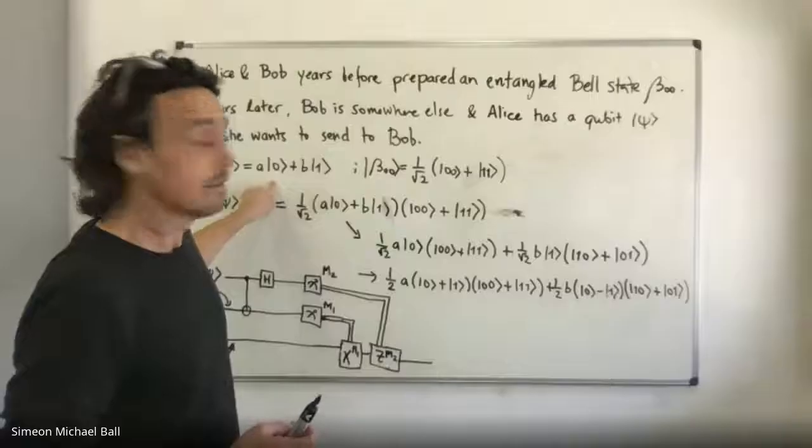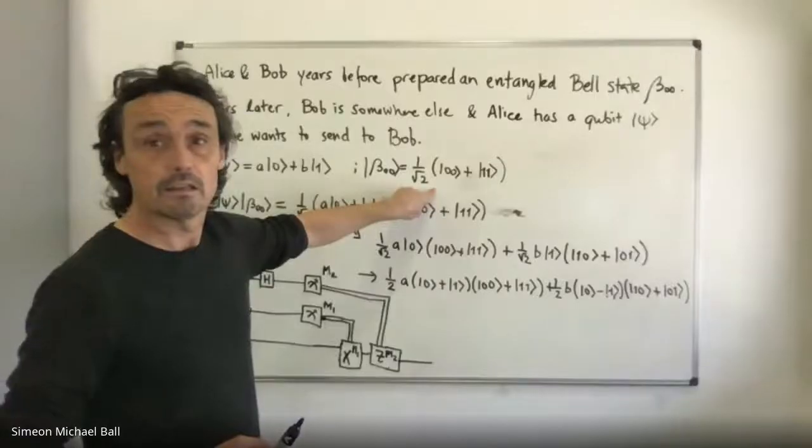Sorry, can you repeat what this product means between C and beta 0? I don't understand what you are doing on this line.